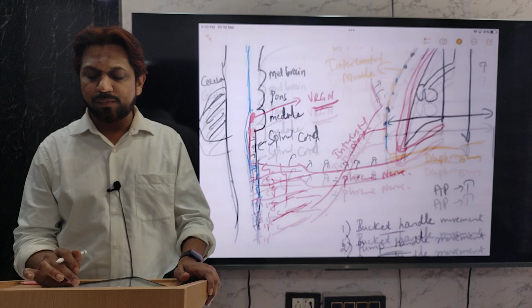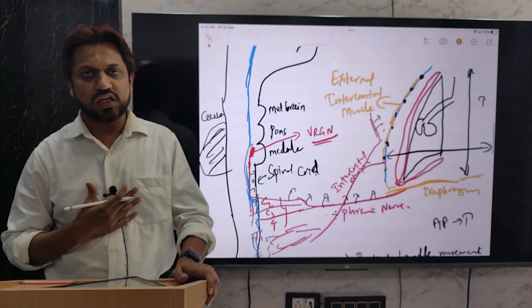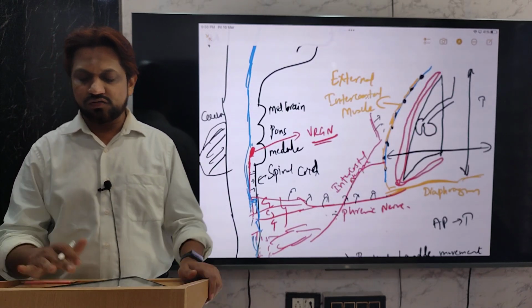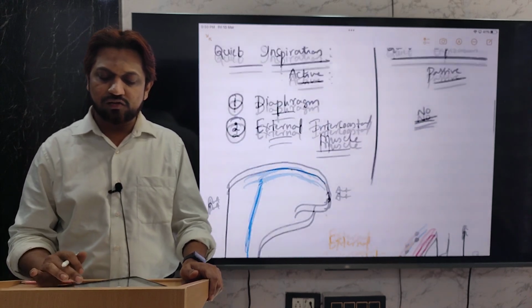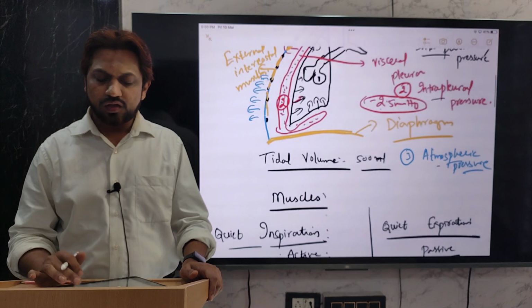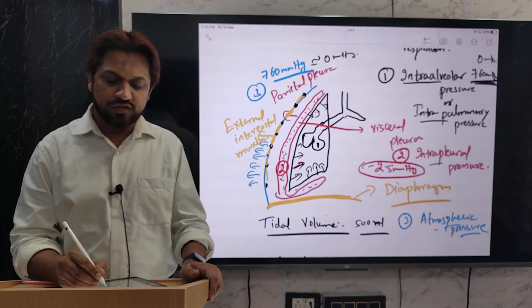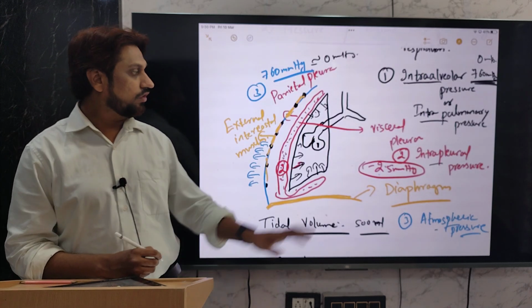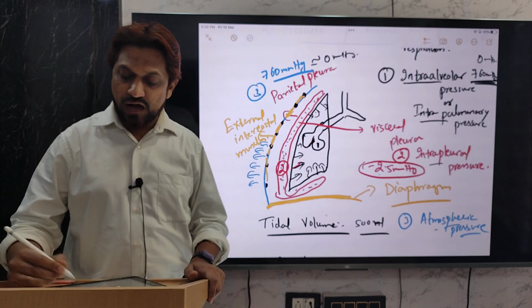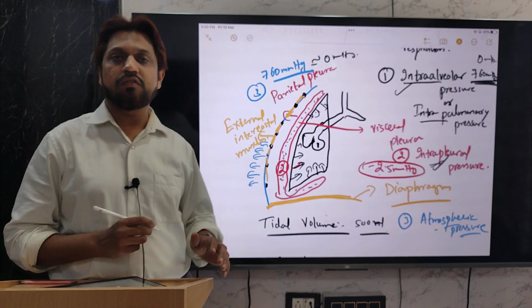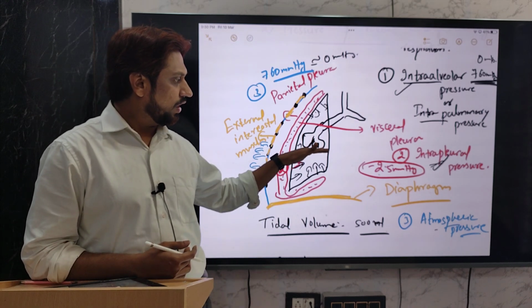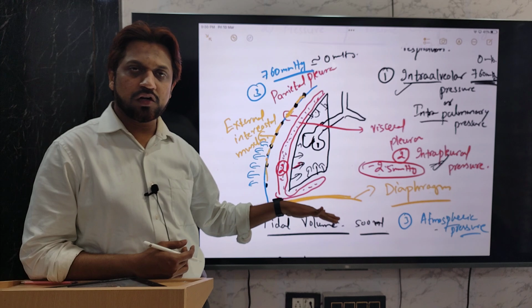Now a similar thing happens in our thoracic cavity. When the volume is increased, the pressure will decrease. The pressures that decrease are the intraalveolar pressure, which is present in the lungs, and also the intrapleural pressure, which is present in the pleural cavity. The intraalveolar pressure decreases to -1 millimeter of mercury.